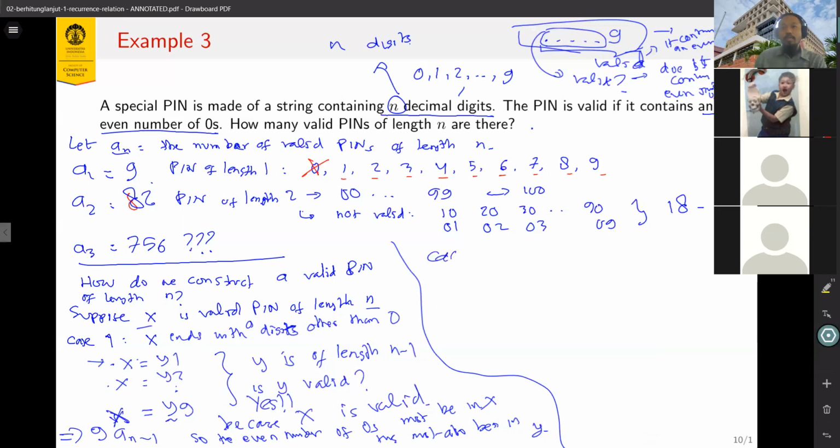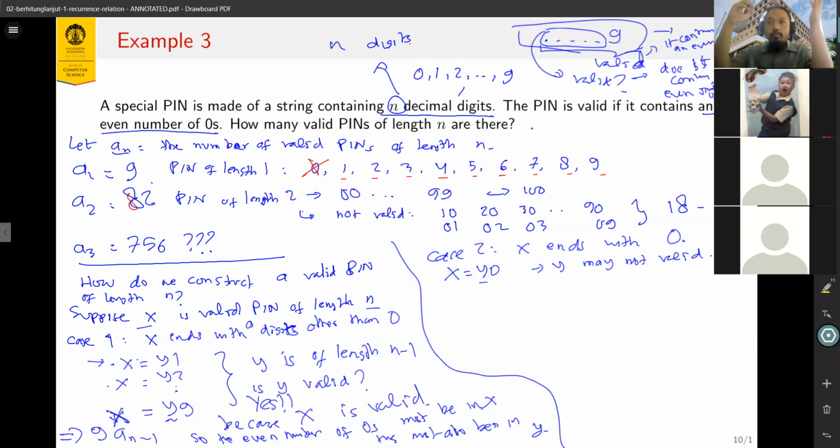Now the second case is x ends with 0. We have to be careful here. If x ends with 0, then x is equal to y0. But in this case, y may not be valid.